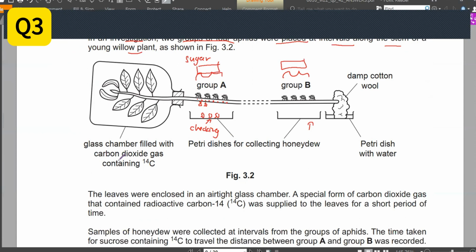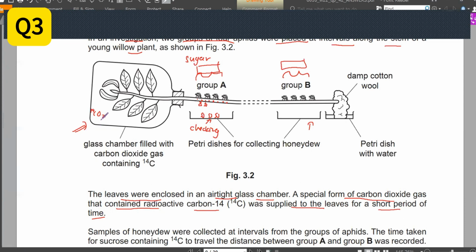Here, the leaves were enclosed in an airtight glass chamber. A special form of carbon dioxide gas that contains radioactive carbon-14 was supplied to the leaves for a short period of time.